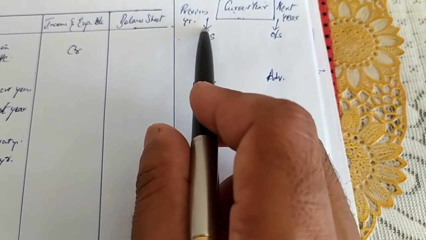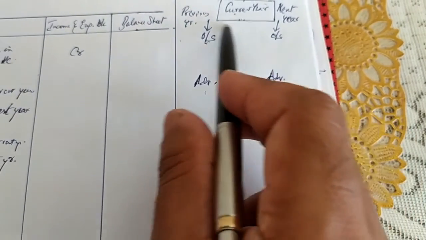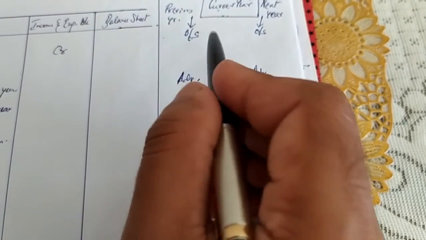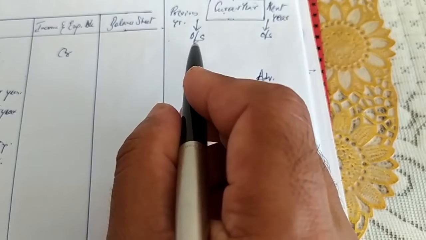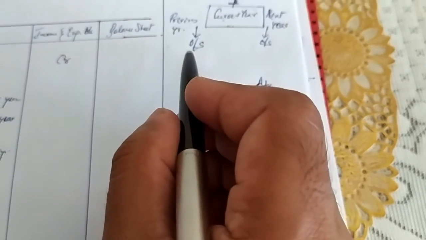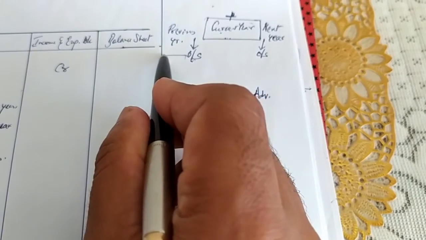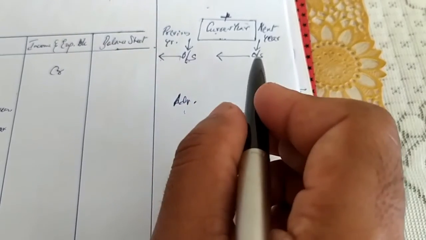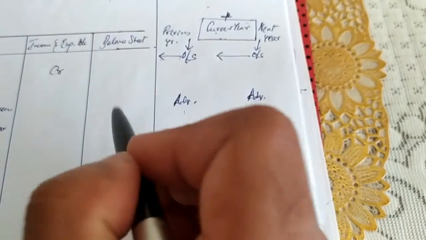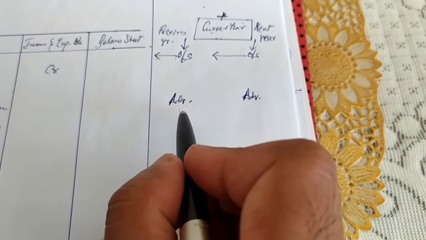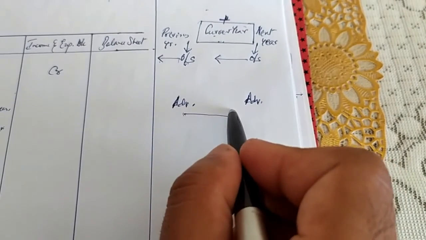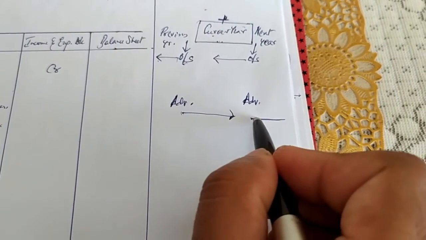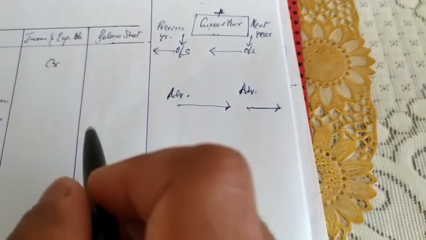So whenever you see outstanding as a part of this adjustment, remember that outstanding is for the past, for the previous time. That's why I'm drawing the arrow backward. And advance is for the future. So it is going to the future, or going ahead.